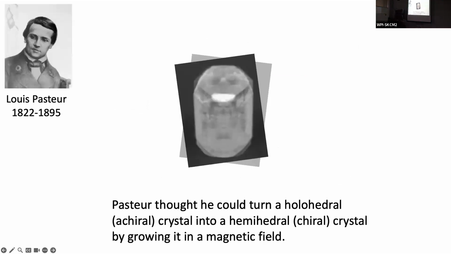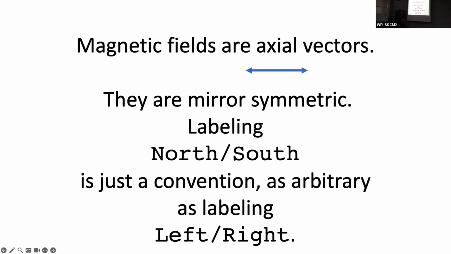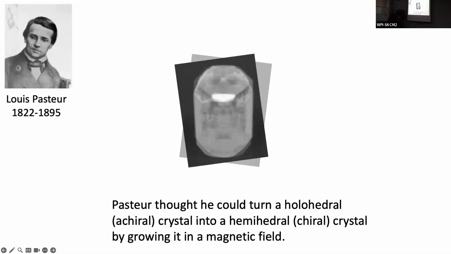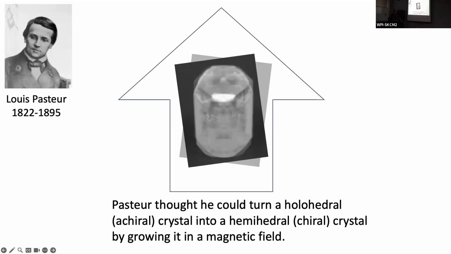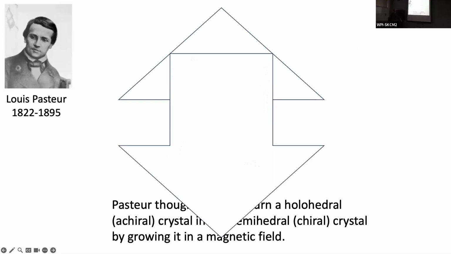Many people have been confused by pseudovectors and their influences on physical systems. Louis Pasteur, for example, thought that he could turn a symmetrical or holohedral crystal into a chiral or hemihedral crystal by growing it in a magnetic field. But he also didn't appreciate at the time that magnetic fields were pseudovectors or axial vectors. They were mirror symmetric.